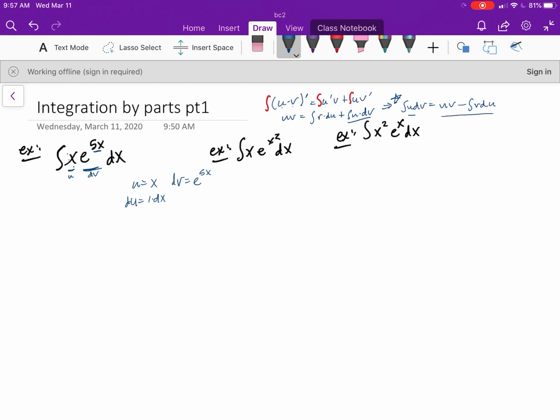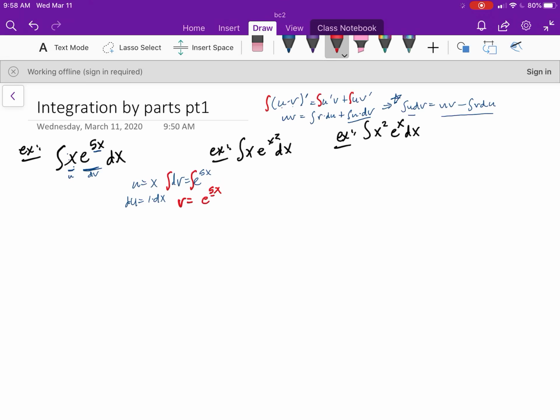The second part here is a bit tricky. Again, I don't always write it because we know after practice what we're doing, but this is a derivative, which means to get v, I have to do its integral. So v is going to be e to the 5x, and then when we integrate, we divide by that 5 up here.